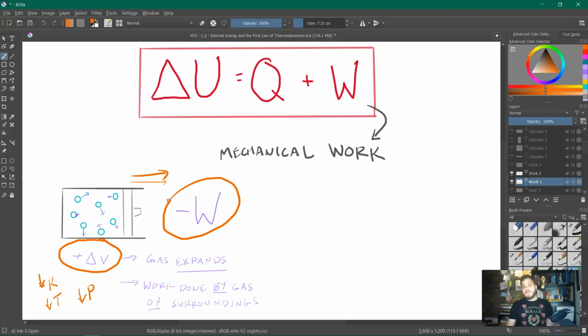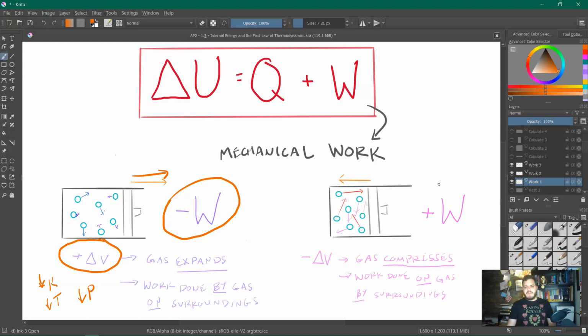The other way is just flipped. If I have a piston with the piston head going inward, that's going to be a negative change in volume. And if it has a negative change in volume, the kinetic energy of the particles is going to go up as they speed up, the pressure is going to go up, and the temperature is going to go up as the gas is compressed.